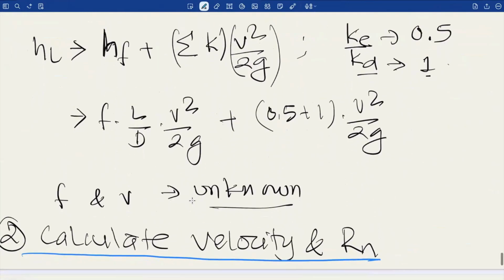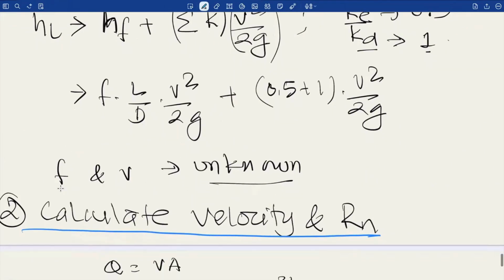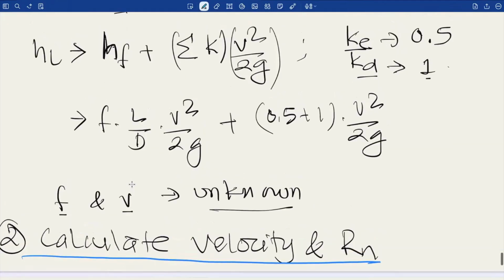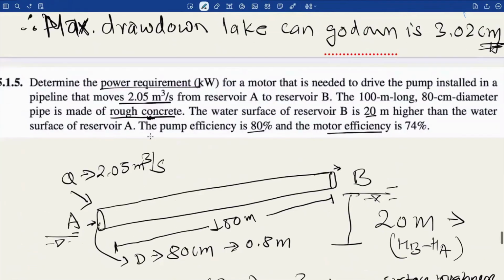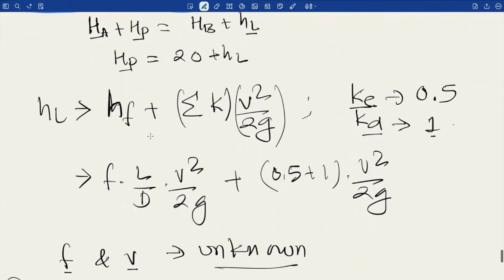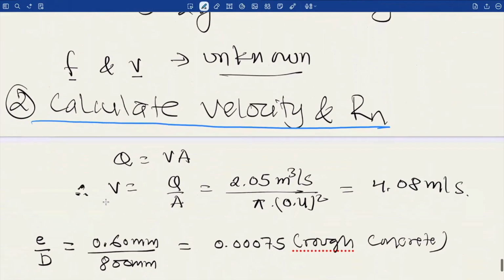We can calculate velocity and Reynolds number here, because f is unknown and V is unknown. Since we are given the design Q, 2.05 meter cube per second, we can calculate V. So V gives us 4.08 meter per second.